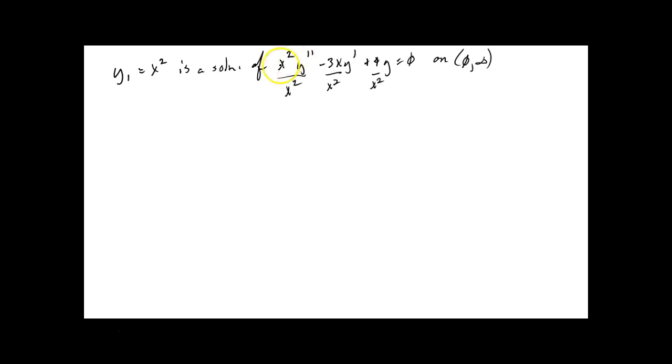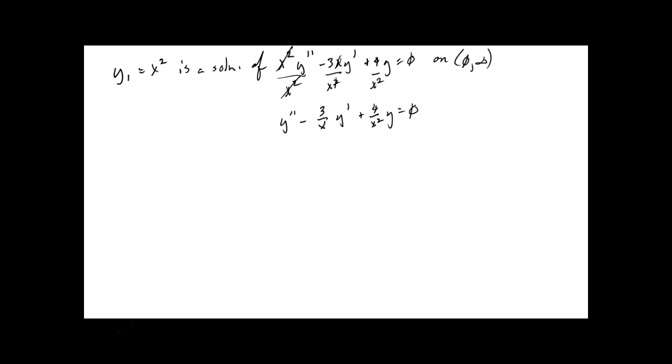So we do that, these go away, and you wind up with y double prime minus 3 over x, because this x cancels one of those, times y prime, plus 4 over x squared y, and that's equal to 0. Okay, so that's our standard form.